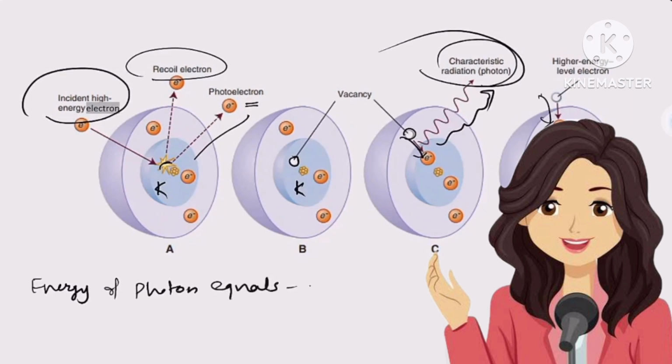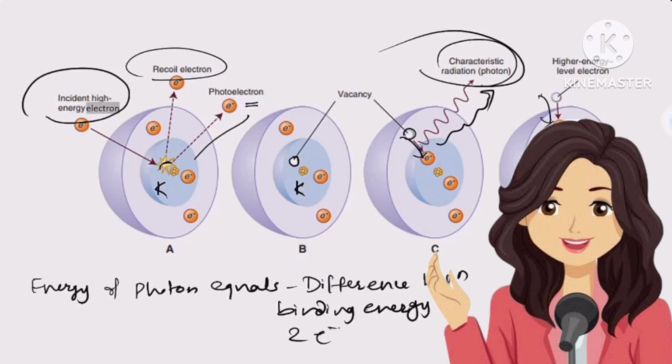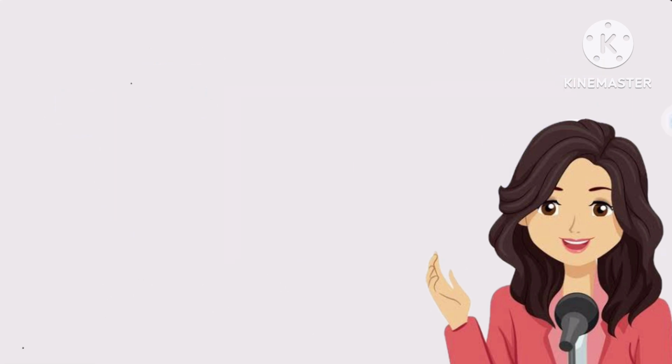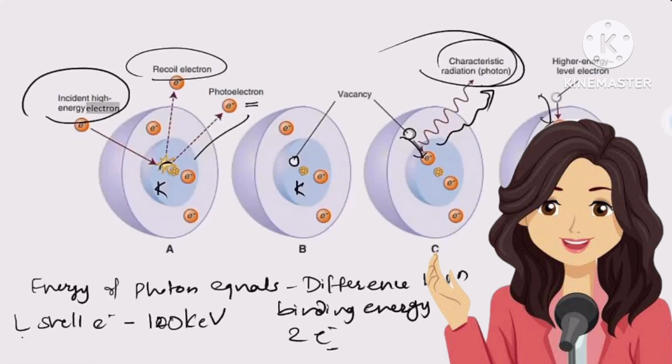The energy of the characteristic photon equals the difference between the binding energy of the two electrons. What this means is, as an example, if the L shell electron has a binding energy of 100 kilo electron volt, and the K shell electron has a binding energy of 120 kilo electron volt.